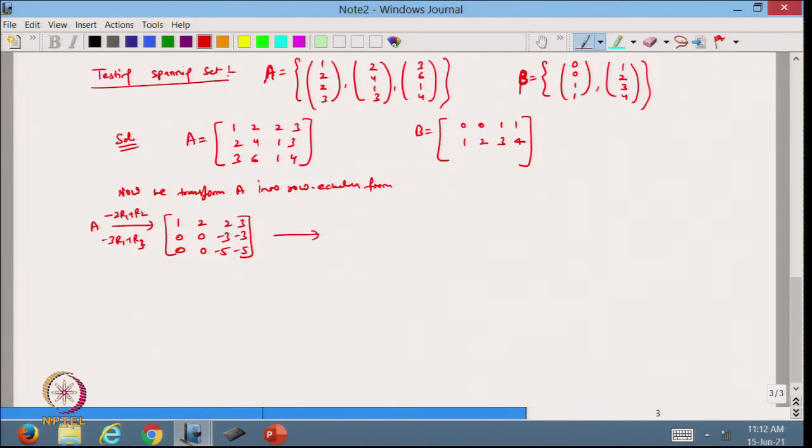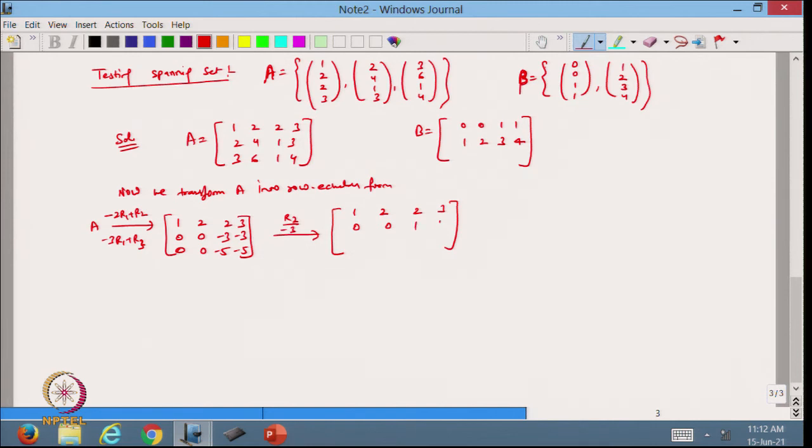Now, from here I want to make this element 0. So, 1 2 2 3, and then I can take minus 3 common, no problem. So, I can write R 2 divided by minus 3.